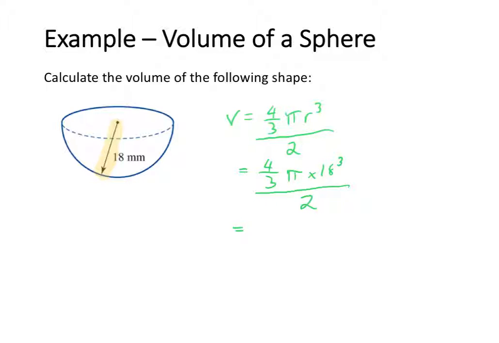So completing my numerator in my calculator, that would give me an answer of 24,429.02. And I need to divide that by 2. So the volume of my semisphere is going to be 12,214.51 millimeters cubed. So that are a couple of examples of how I can calculate the volume of a sphere.